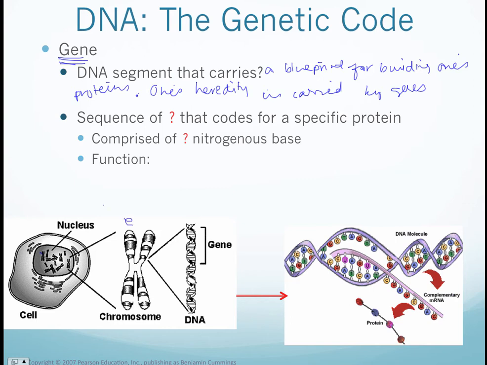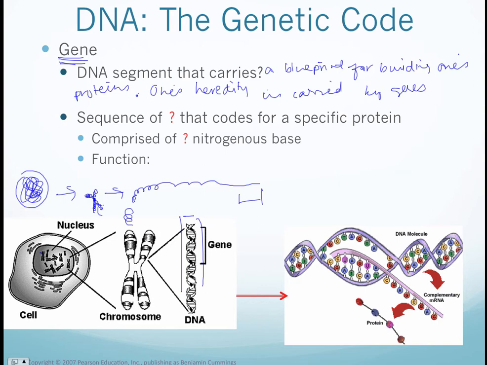Here's our DNA. Let me just draw this out for you really quick. Here's our nucleus, here's our DNA in a cell that's not going to divide yet. When it's preparing to divide, it's going to form nice condensed structures called chromosomes, which you see over here on the bottom. That's just one of these segments over here.